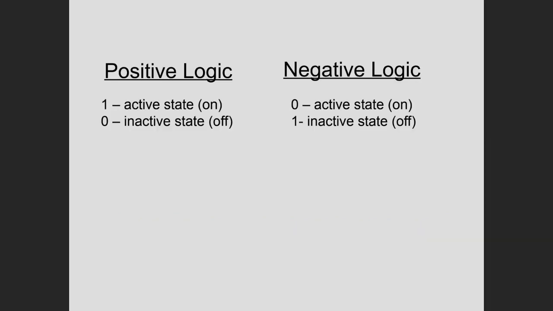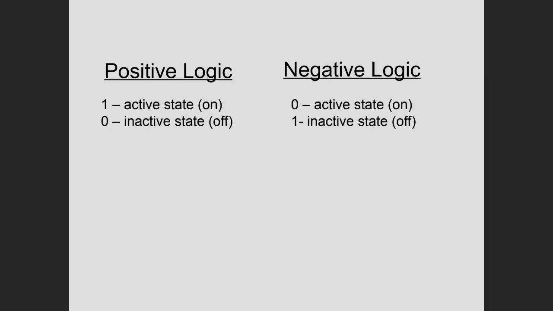PC. I don't think this slide is too important. Basically, there are two types of logic: positive logic and negative logic. I've honestly only seen and used positive logic, but basically the difference is that in positive logic, the active state, and when we say active, you can use the term on, you can use the term true, you can think of a voltage level, or you can think of a 1.